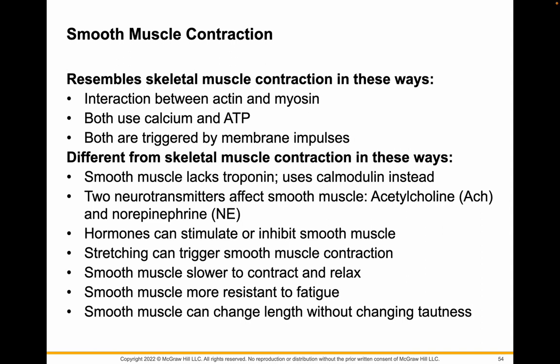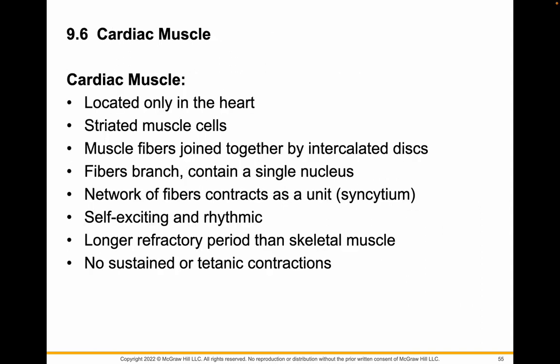Hormones can inhibit or stimulate the contraction of smooth muscle. Stretching actually can trigger a contraction. They're slower to contract and relax. We kind of knew that. They are more resistant to fatigue, and they can change length without changing the tautness.